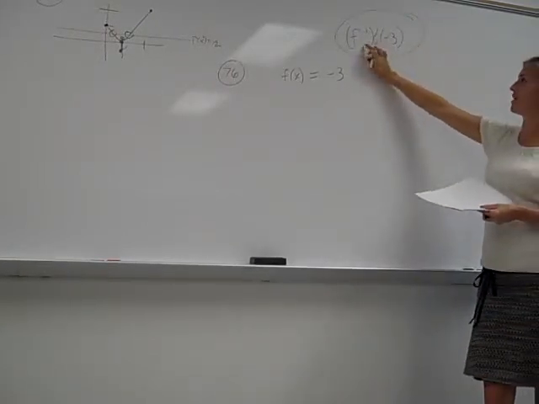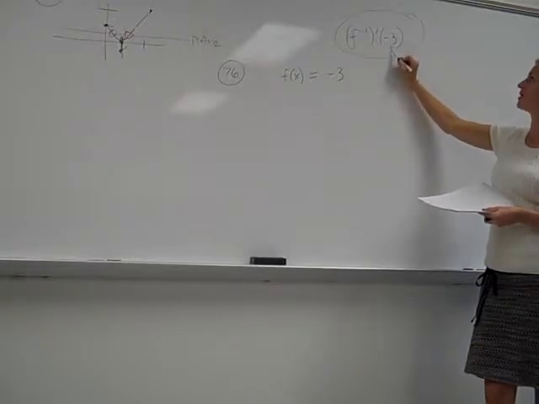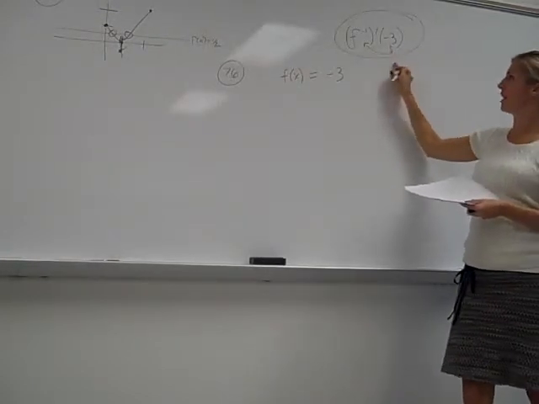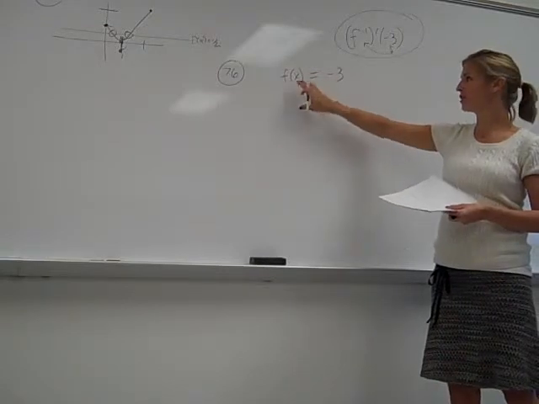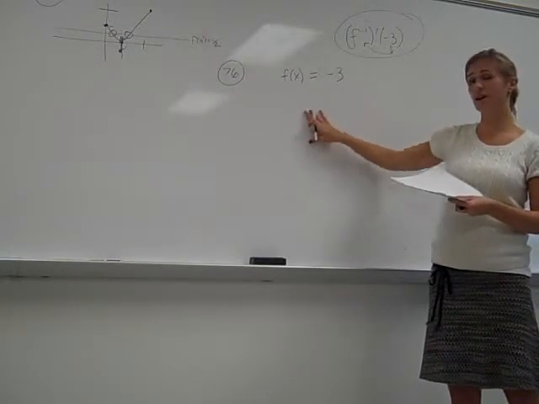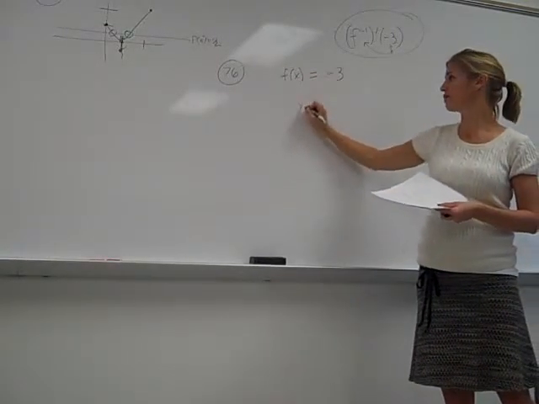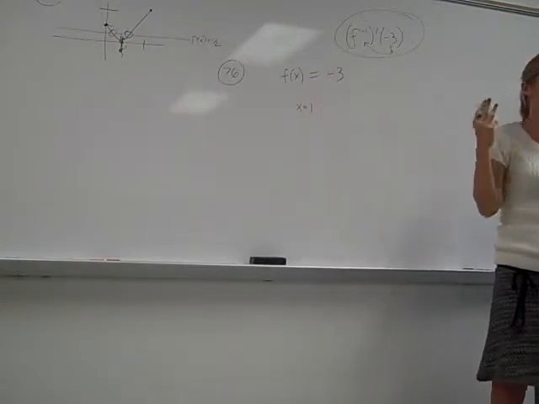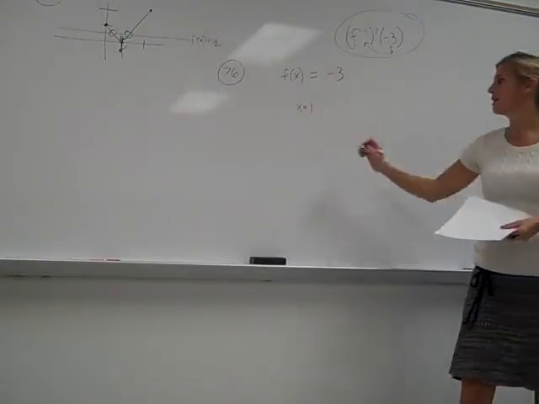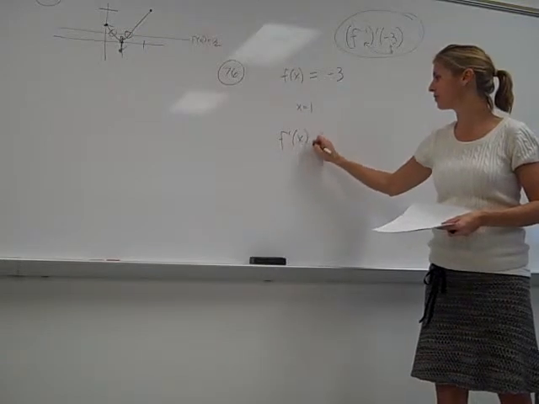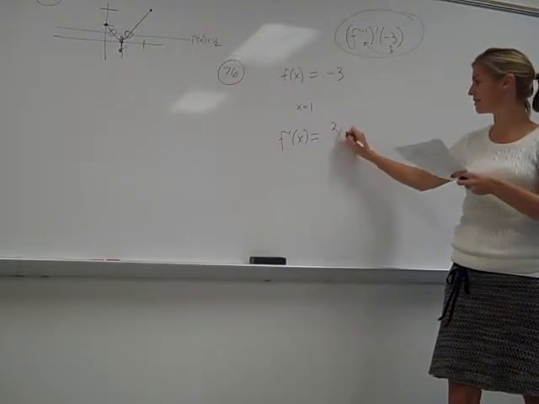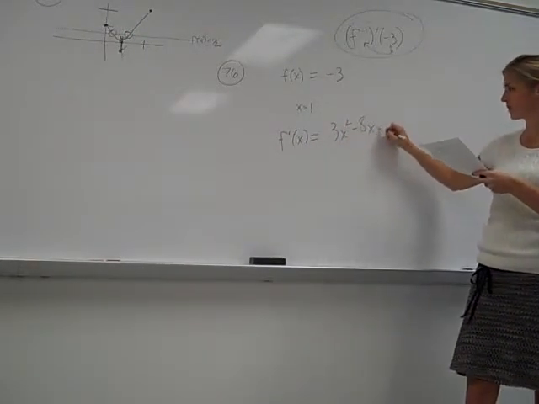This is a derivative of an inverse. This is an x value for the inverse, but it's a y value for the original. So I got to go to the original and set it equal to -3 and find the x that goes with it. Yeah, I got that. Okay, so I got x equals 1. I actually got 3 answers, but 1 is the only whole number. Then take the derivative of f and plug in 1.